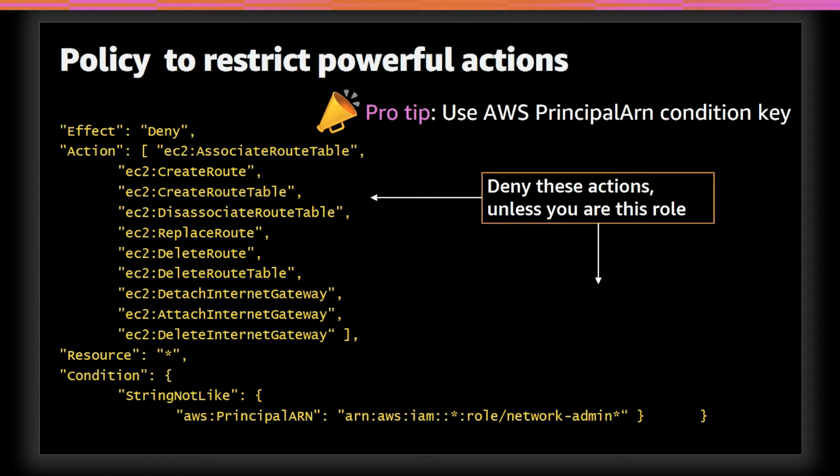With that full access attached to the root organization, it basically says, go listen to the permissions within the account. When we attach this deny, if a principal trying to call one of these actions is not the network admin, then the deny will kick in and access will be restricted.